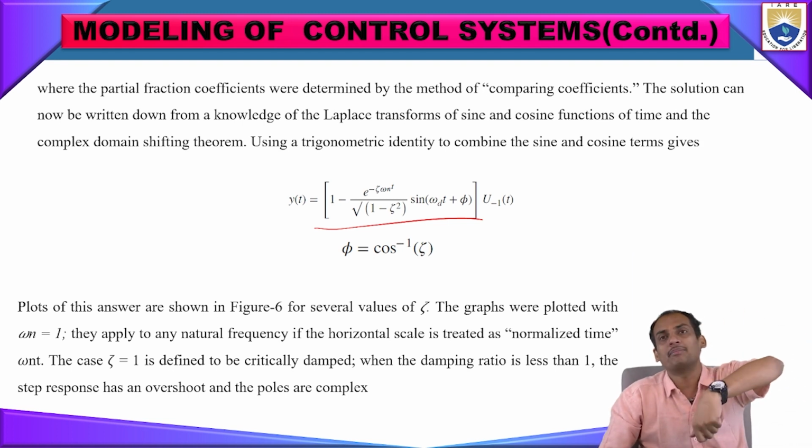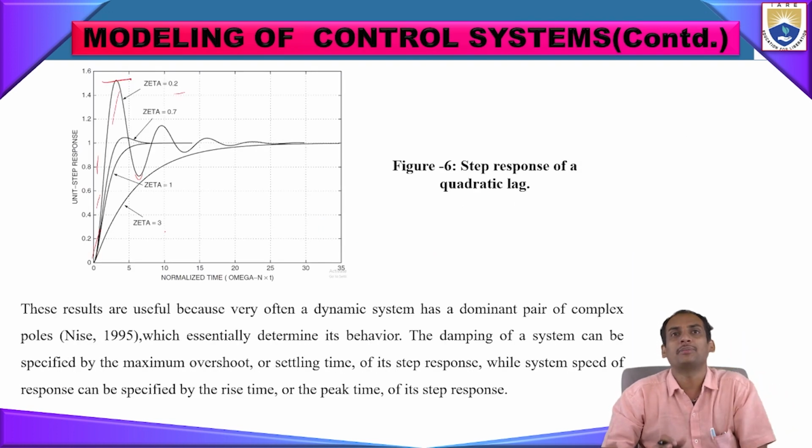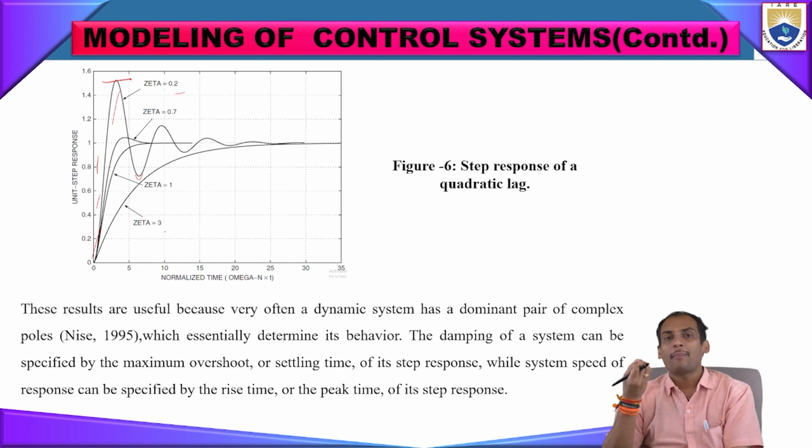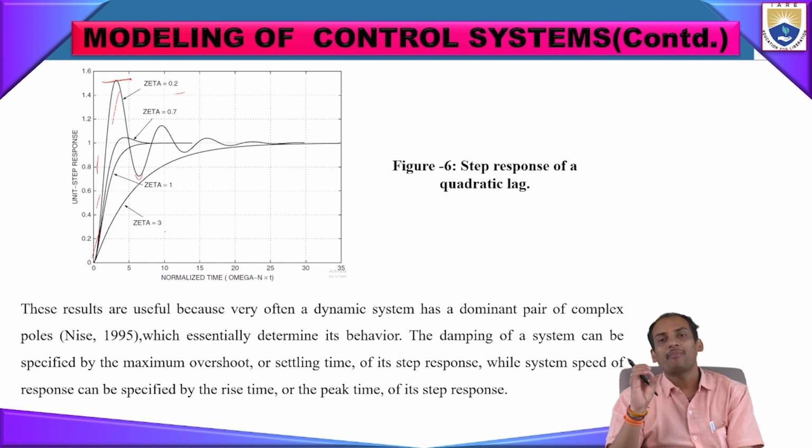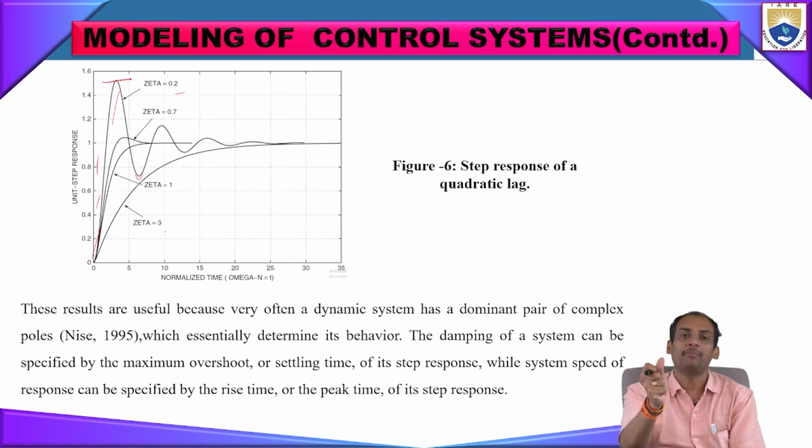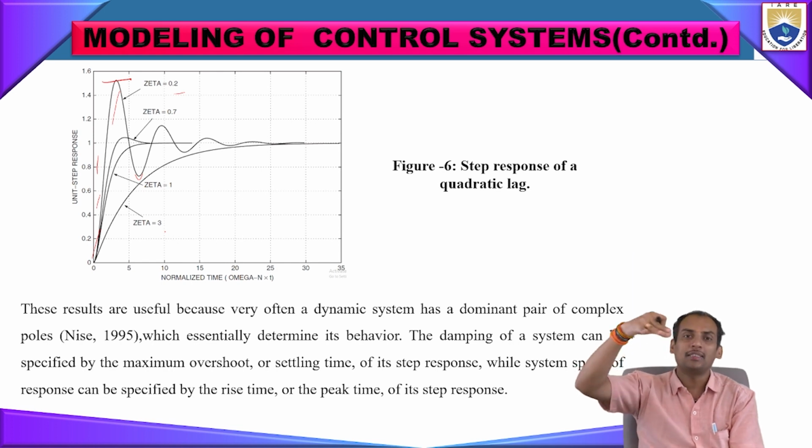Depending upon the damping ratio values only, we will get the time response values also. So this is the method to derive the frequency response and time response of a control surface for a given input. Depending upon that only, the control system behavior and control system simulation.